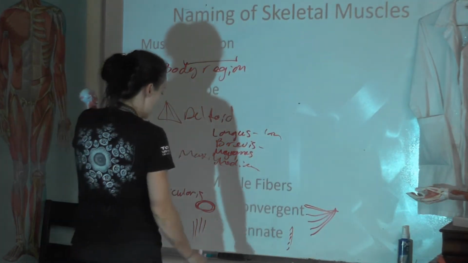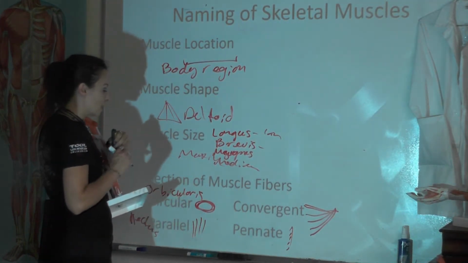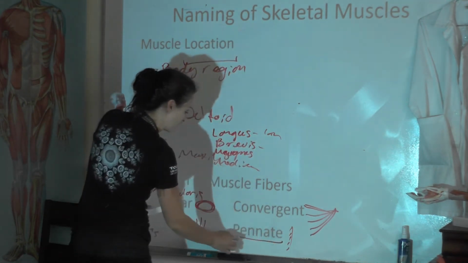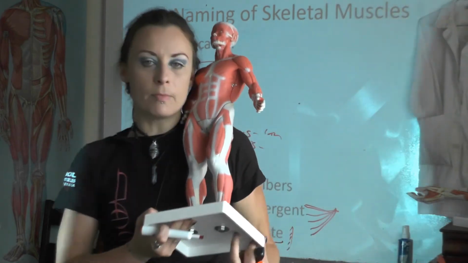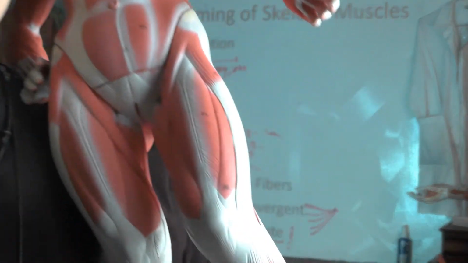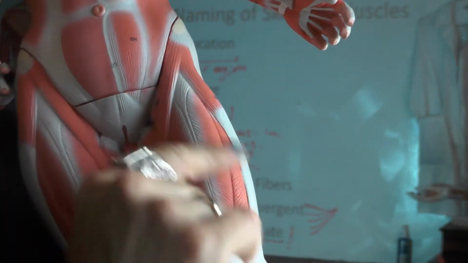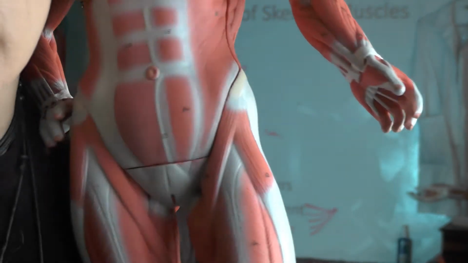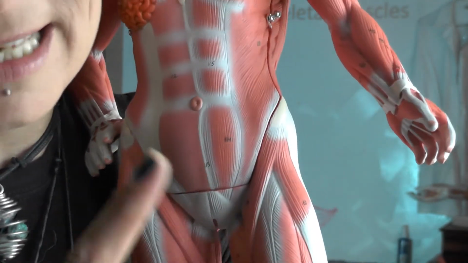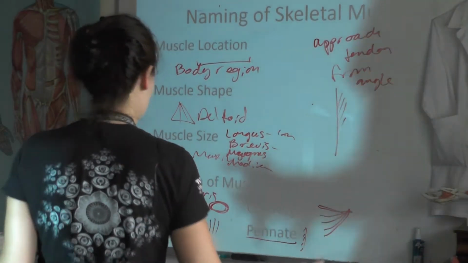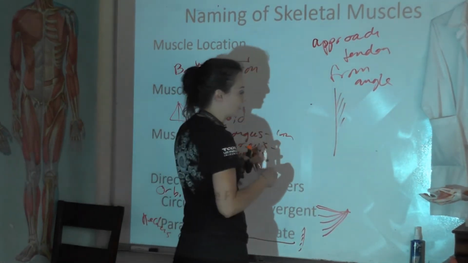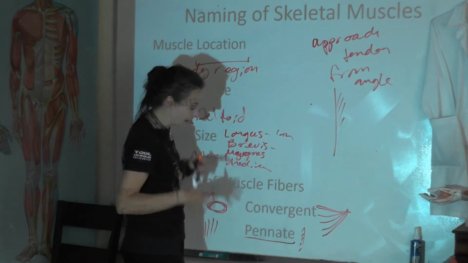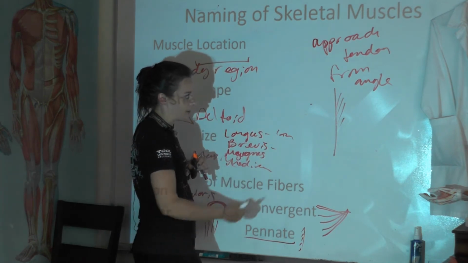And then pennate. In our pennate muscles, this means like feather and they look like a feather, but what's happening is that we have our muscle fibers approaching our tendons from various angles. All right, so pennate muscles look like feathers, and the muscle fibers are approaching the tendons in a feather-like pattern.